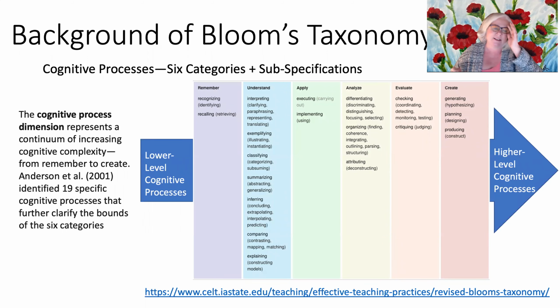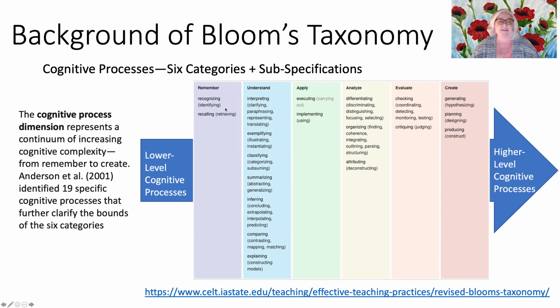Before I get into that change, let me talk here about the 6 categories and their sub specifications, basically. So here are the 6 categories, moving from lower cognitive processes to higher cognitive processes. We begin with being able to remember and then understand, apply, analyze, evaluate, and create.